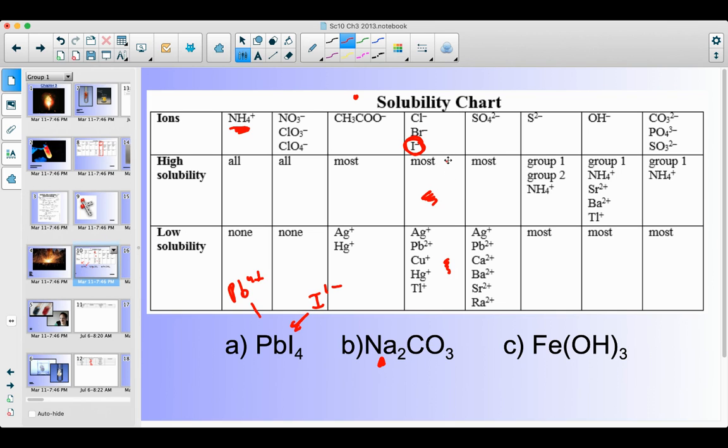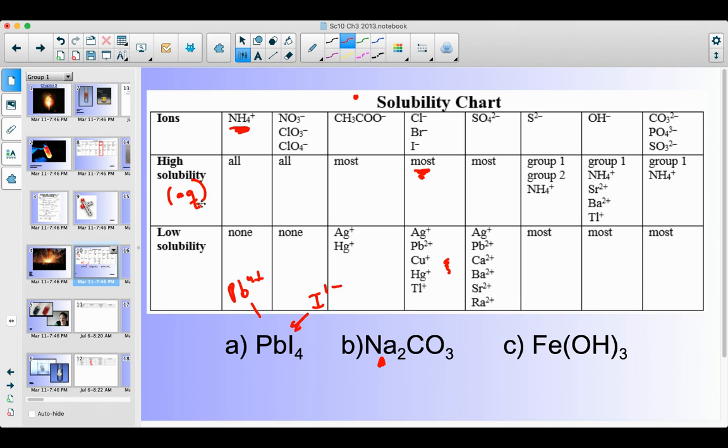Pb4 positive is actually found in the "most" category. Which means that if we look across, it is highly soluble. So in other terms, what this means for the state is that it is aqueous, which means it dissolves in water very easily.